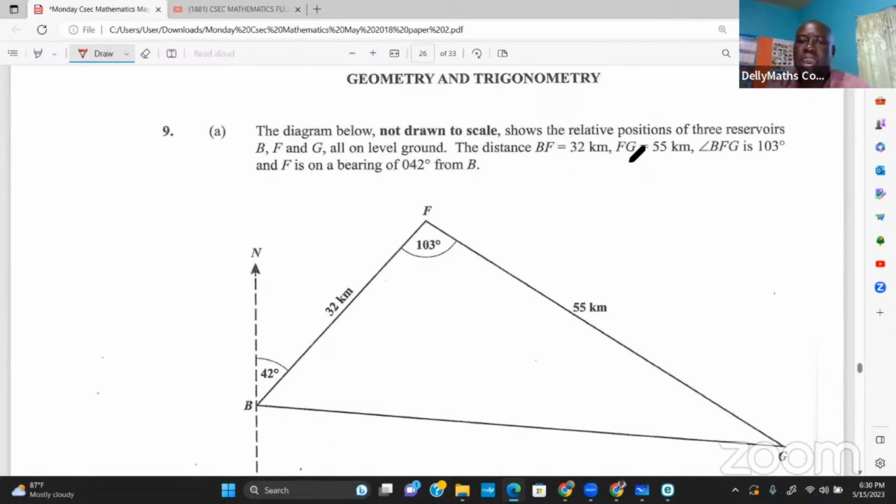The distance BF is 32 km, FG is 55, and the angle BFG is 103. And we're seeing those on the diagram. F is on a bearing of 42 degrees from B. It's on the diagram. So the diagram is labeled and everything.